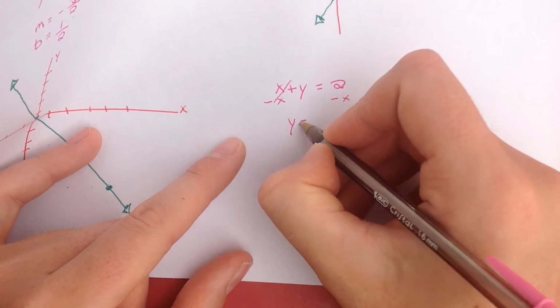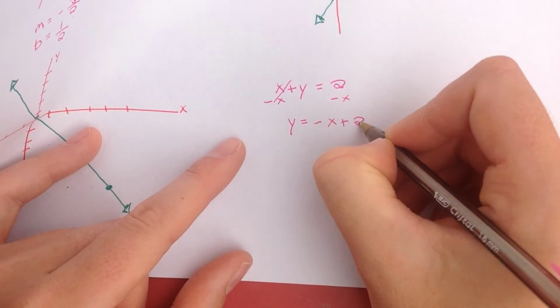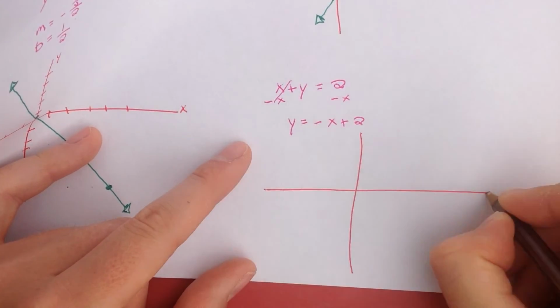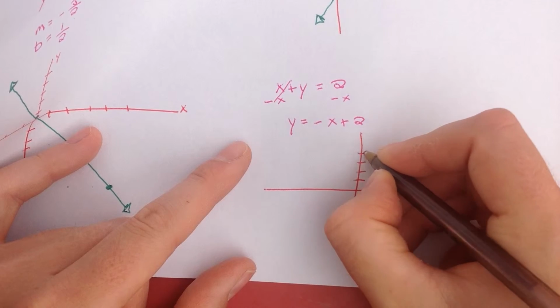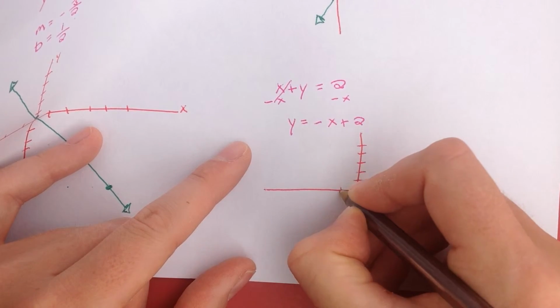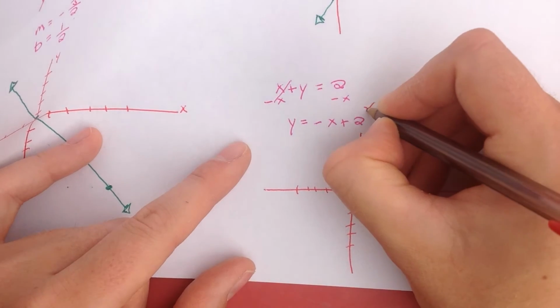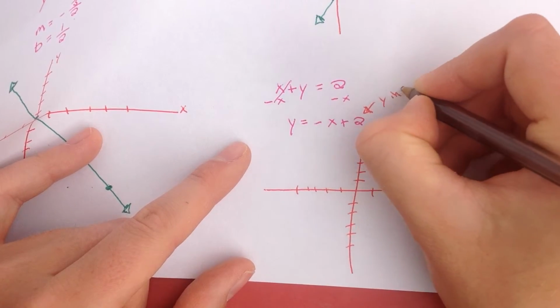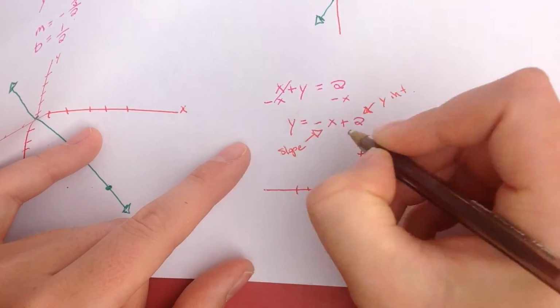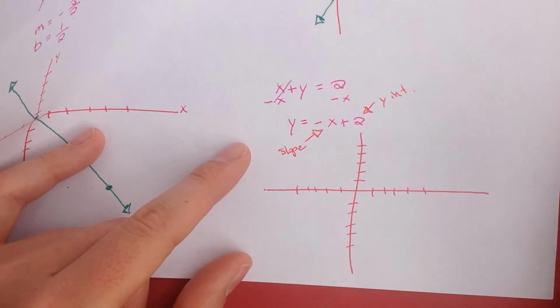This leaves me with negative x plus 2. Graphing this line, we know that our y-intercept is 2, and our slope is right here of negative 1. So negative 1 over 1 would be our slope.